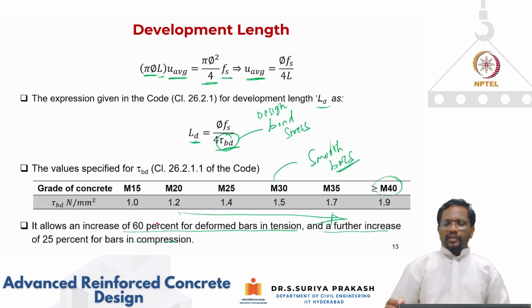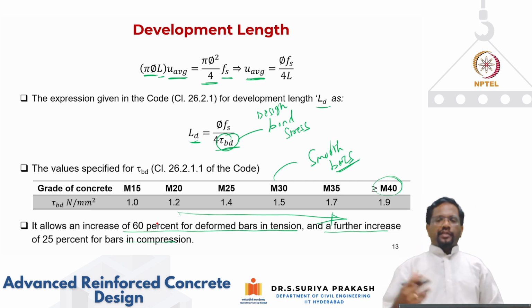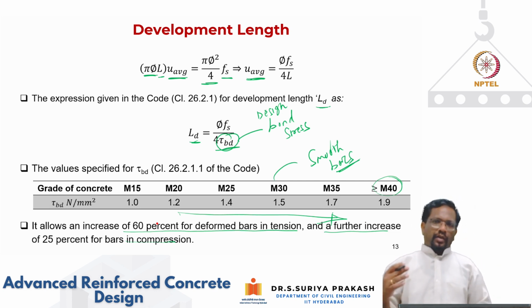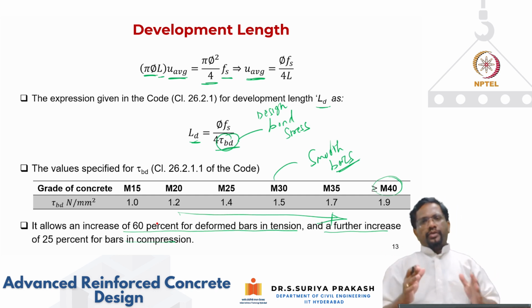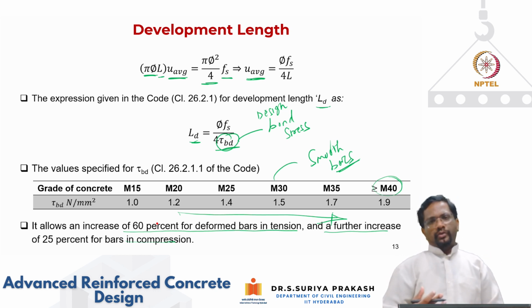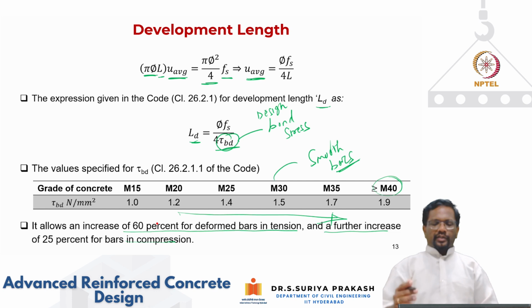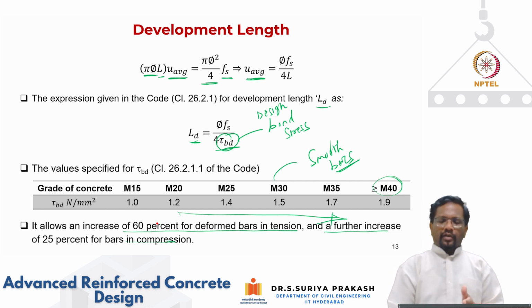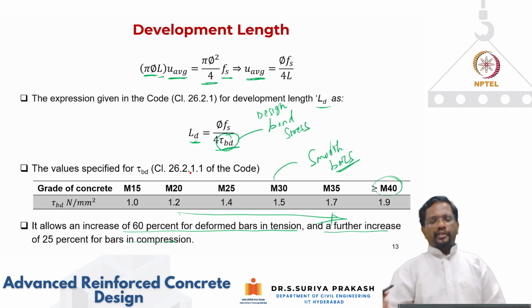Now, why is bond stress increased in compression? In compression, there are no cracks, right? In addition to that, I can develop bond by bearing. The bar can bear against the surrounding concrete at the end. Then also you can develop more bond stresses. So whatever values are given in the table, clause 26.2.1.1, can be increased by 60% for deformed bars.